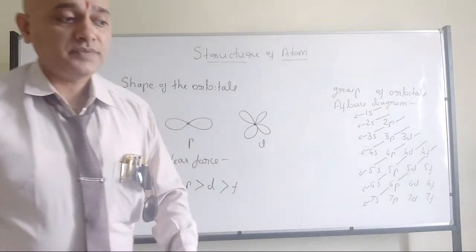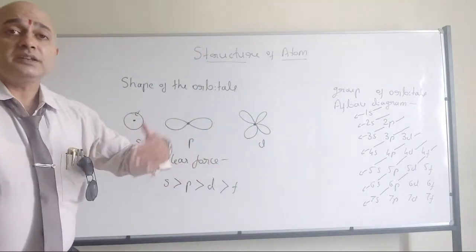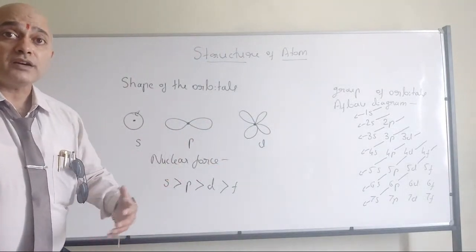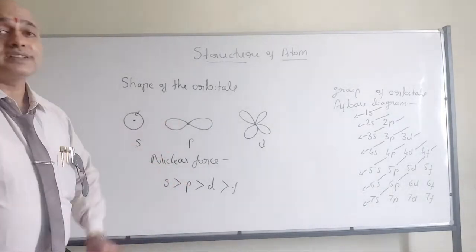All of you have understood? Therefore, in the next year, in p block elements and so on, you will come across this concept once again. You have to apply this concept there.